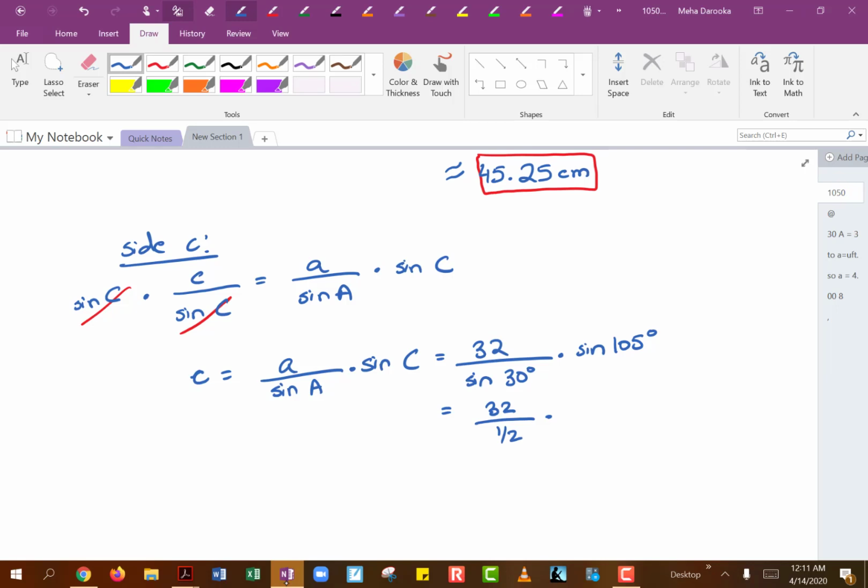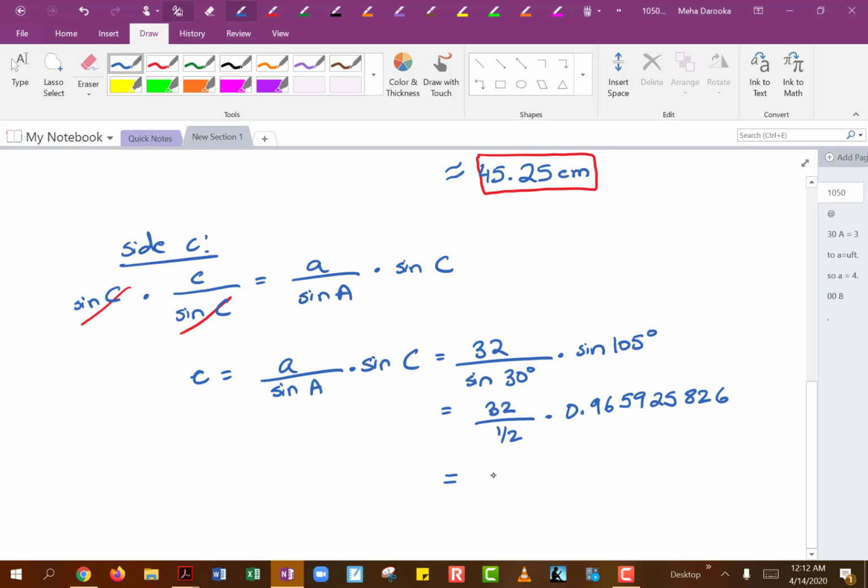So sine of 105 will end up giving you, make sure your calculator is in degree mode here, a pretty interesting number, 0.965292582. So obviously not a happy number, right?